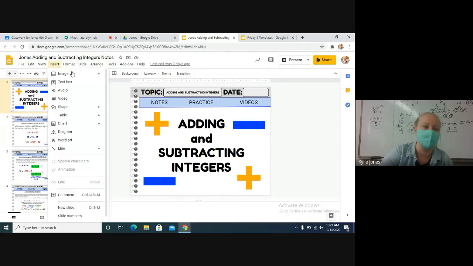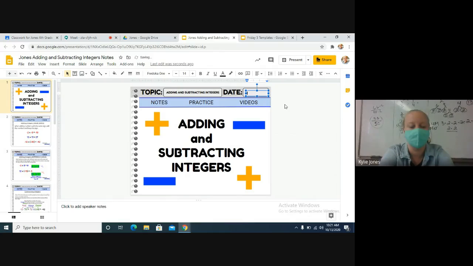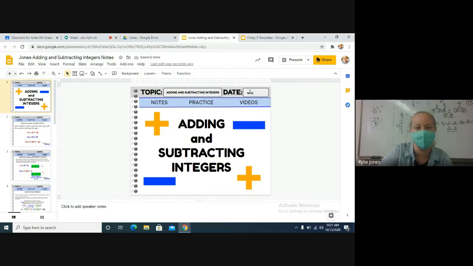You would go to insert text box, and then you can make one right there if you want to. And the date is 10-13. Oh, it's so small. Okay, but you don't have to write the date. It doesn't matter.